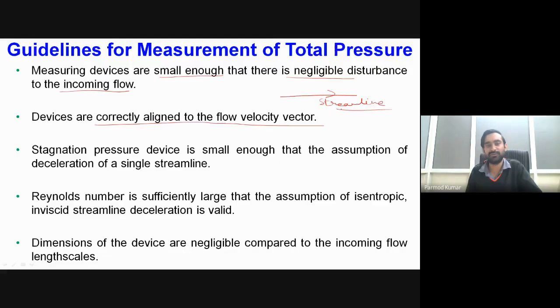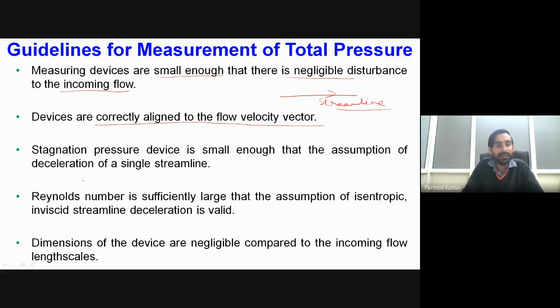In turbulent flow we will not have a well-defined pattern of streamlines, so we cannot always ensure that our device is perfectly aligned with the velocity vector. That is why in turbulent flow this type of measurement may give errors, and we have to apply some corrections.